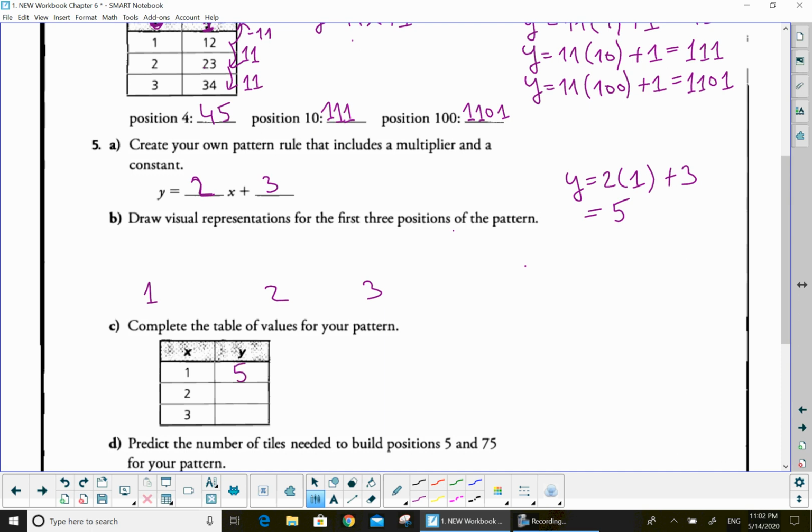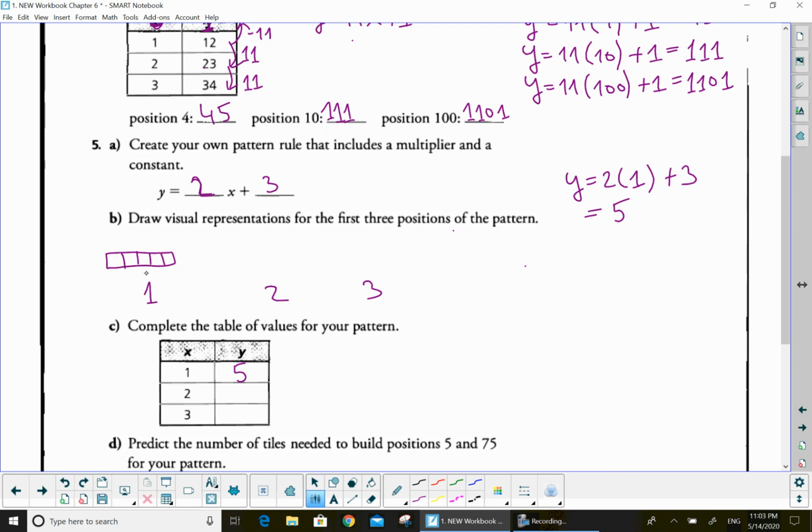If I substitute 1 in here, y equals 2 times 1 plus 3, I'm going to get 5. That means in the first position there's going to be 5. In the table of values, I can do the same thing and record 5 right away.